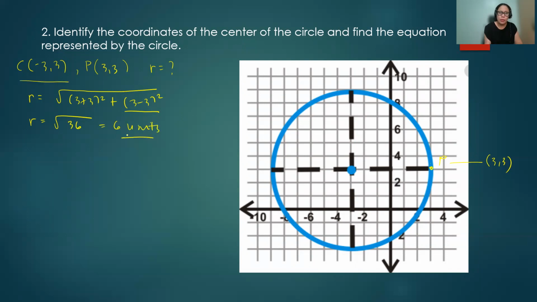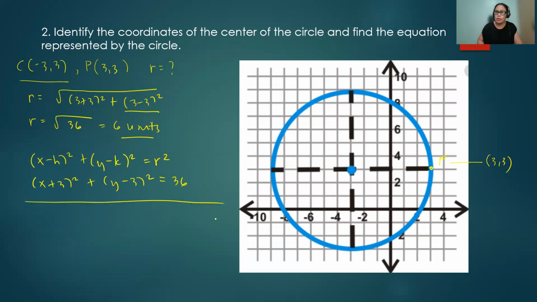Since we have the center, we have the length of the radius. Now, the equation of that circle: we substitute the given in this form. So we have the quantity x plus 3 squared plus the quantity y minus 3 squared equals the square of 6, which is 36. So this is now the equation of the circle.